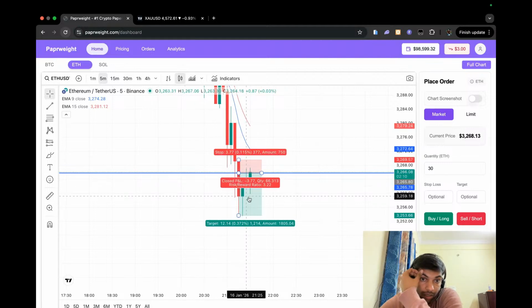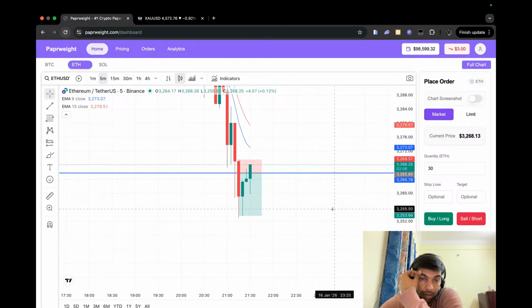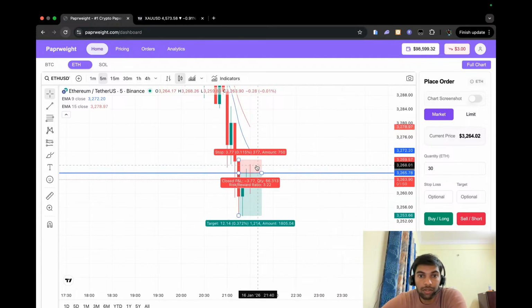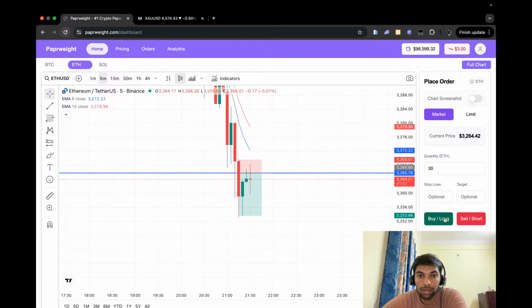This is a doji candle. That means, okay, there is selling pressure also. Nice. This is good. This is nice. Let's wait.